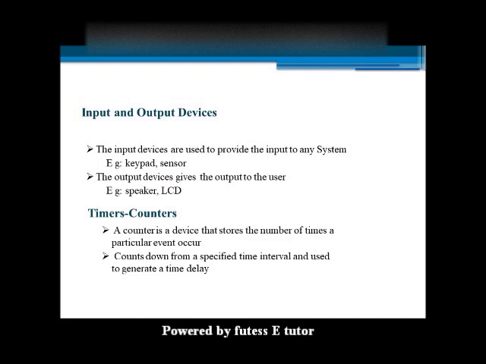Next, timers and counters. In some applications, we need to generate some delay. But there is some issue when we generate the delay from normal coding style by making any loop running for a particular time.